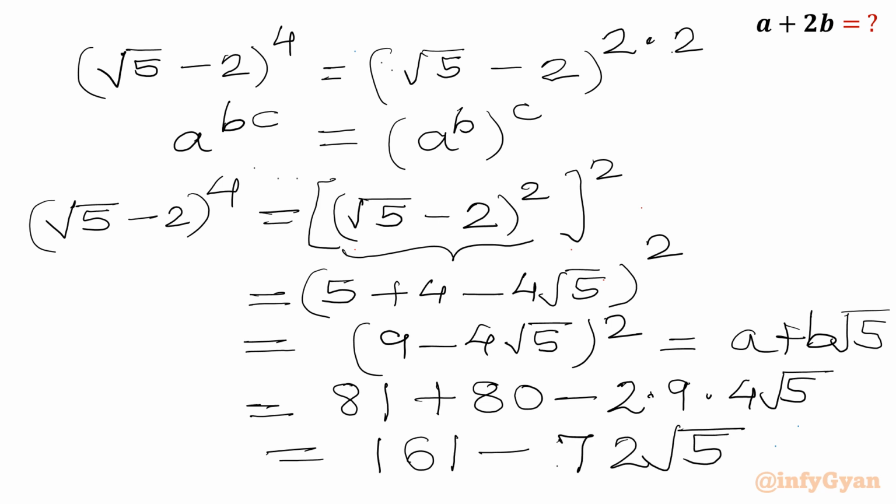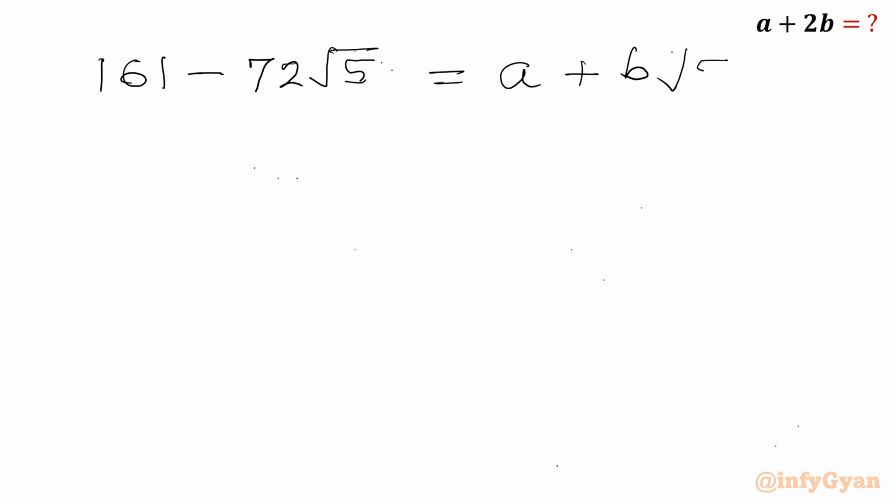Now I will equate with a plus b root 5. So 161 minus 72 square root 5 is equal to a plus b square root 5. Once we compare both sides, we will conclude a equal to 161 and b equal to minus 72.